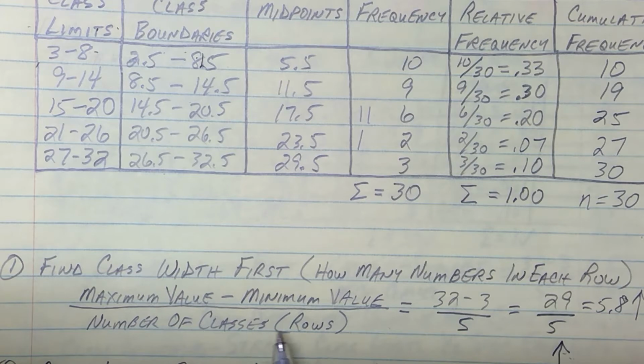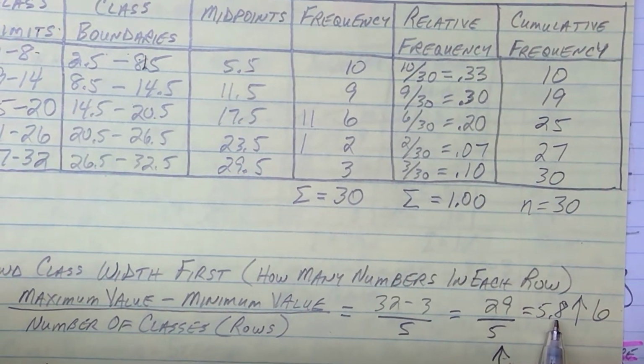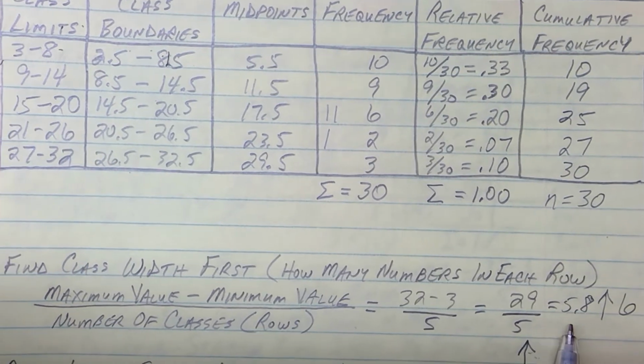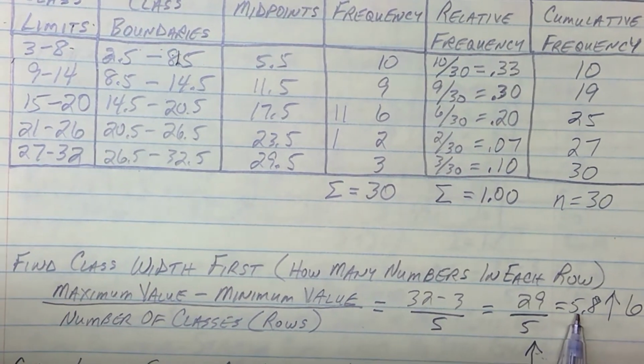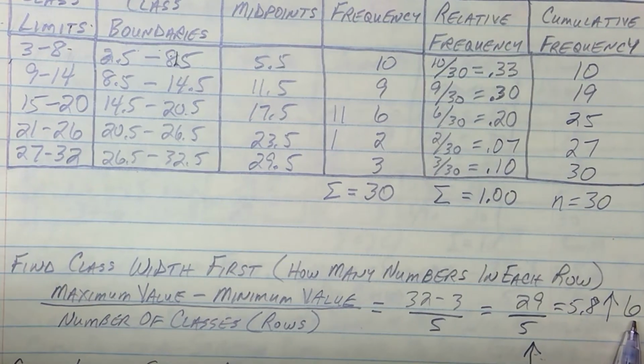And then however many rows you want, classes, layers, whatever they call it. So in this particular table, I want 5 rows. So 29 divided by 5, well, that's a weird number. It's 5.8. I'm going to always round that up. In this case, I'm going to round it up to 6. So I'm not going to say I'm going to put 5.8 numbers in every row. That's kind of weird. I'm going to round it up to a whole number, 6.